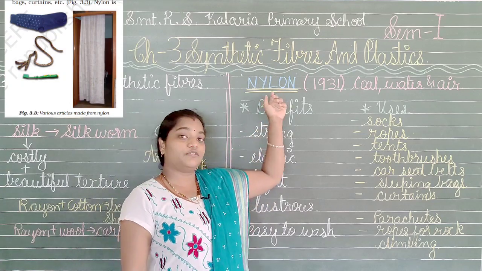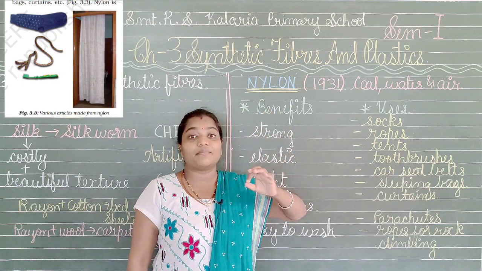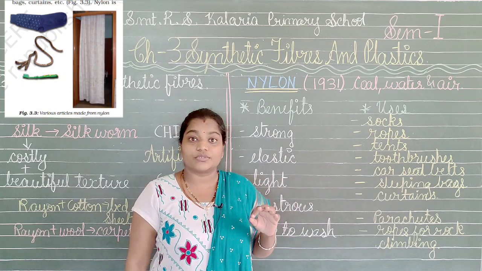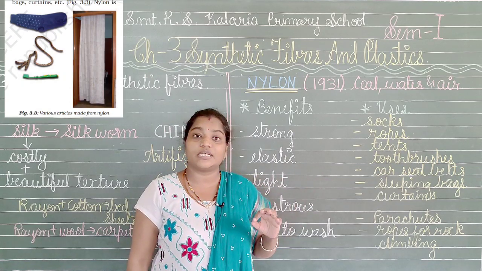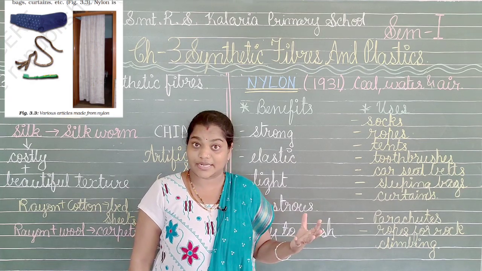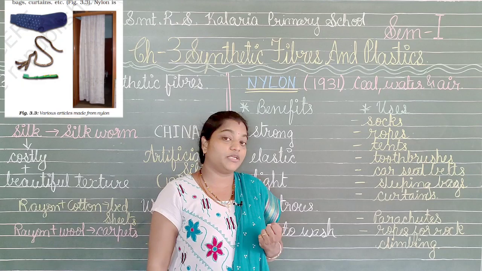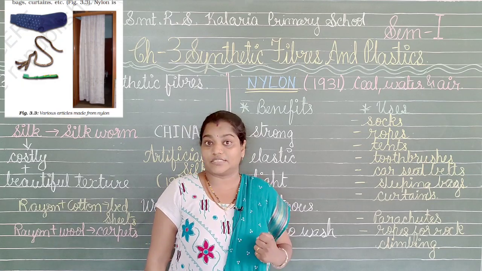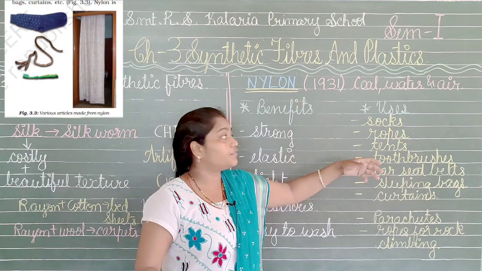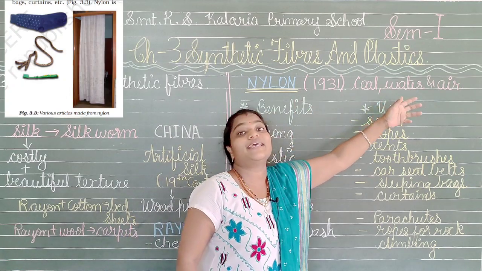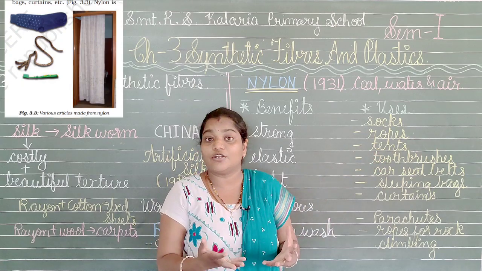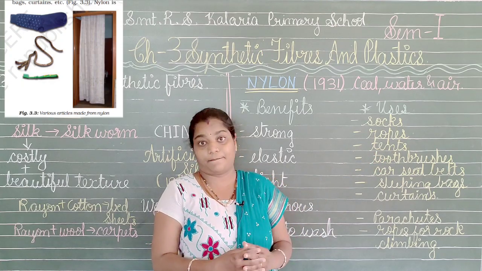Nylon was the first ever man-made or synthetic fiber that did not use any natural substance. It was constructed in 1931 with the help of coal, water and air. These are the ingredients by which we constructed nylon, by chemically treating them.